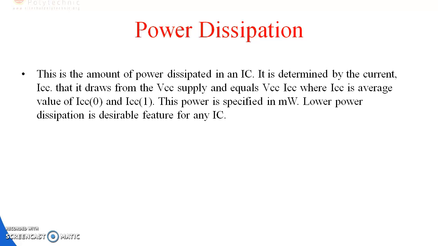So PD, that is power dissipation, is equal to VCC into ICC average, divided by N. This is the formula for calculating power dissipation, where VCC is the gate supply voltage, ICC average is the average current drawn from the supply by the entire IC, and N is the number of gates in the IC. So this is all about power dissipation.